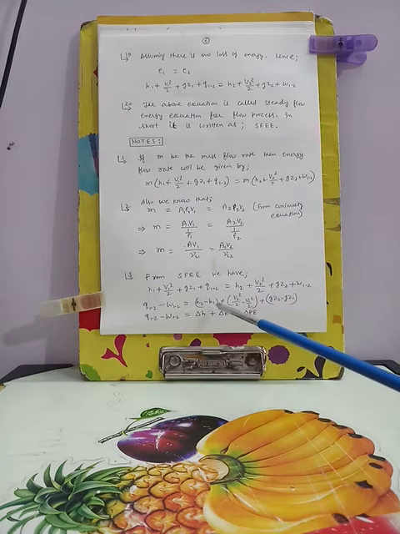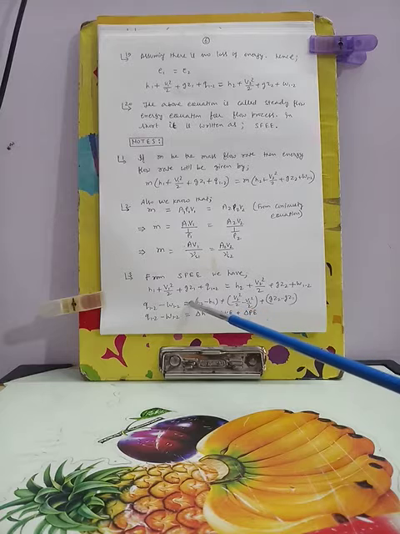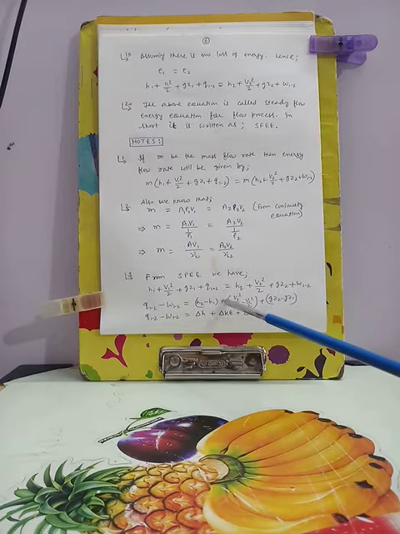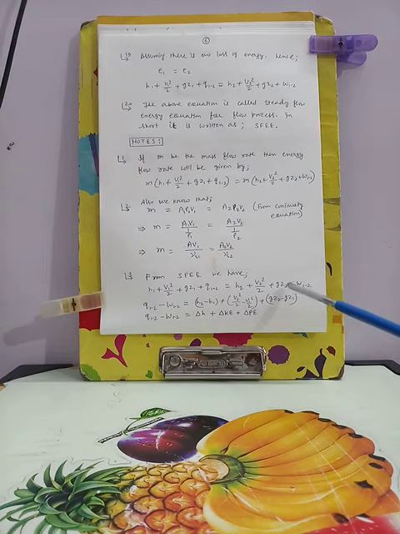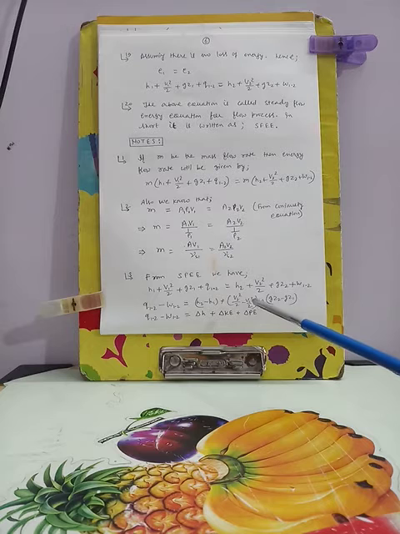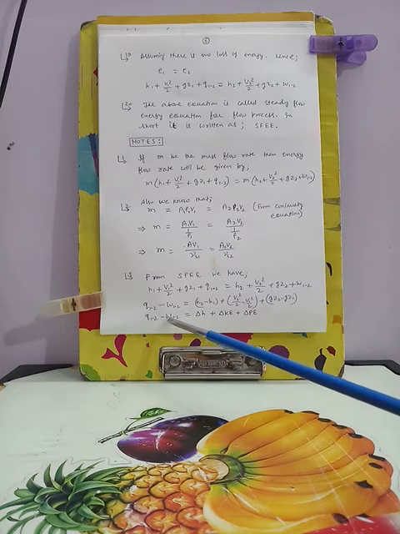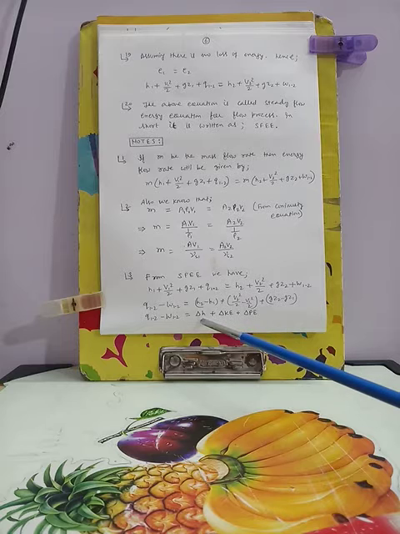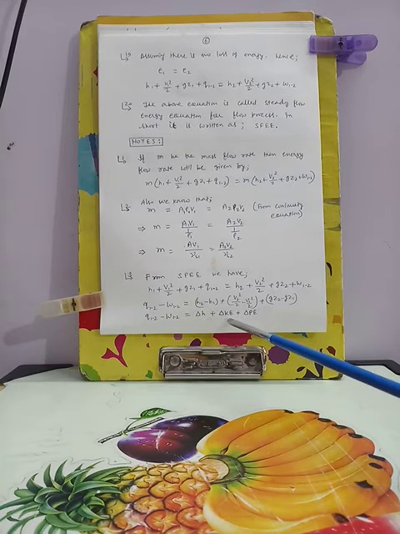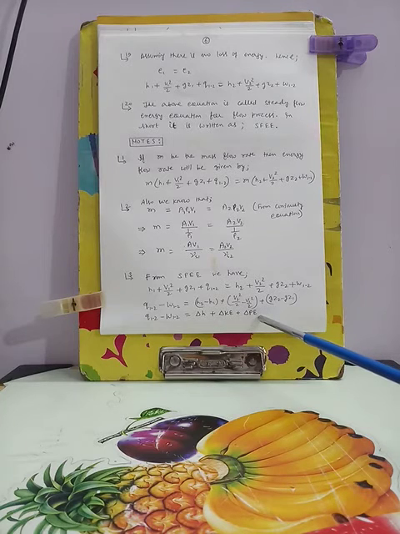So this is the change in enthalpy of the system, this is the change in kinetic energy of the system, and this is the change in potential energy of the system. So Q12 minus W12 is equal to the change in enthalpy, change in kinetic energy, and change in potential energy of the system.